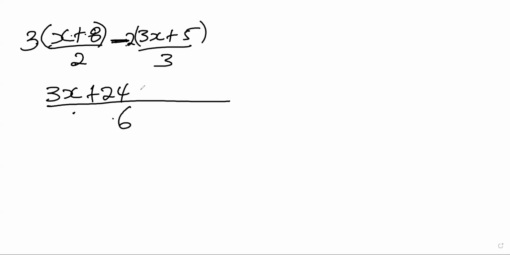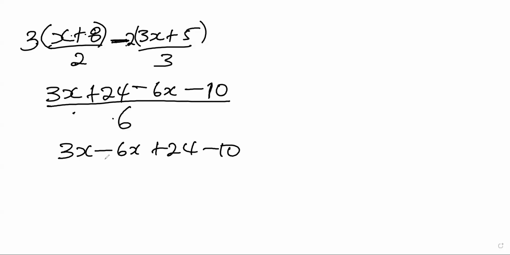Negative 2 times 3, minus 6x. Negative 2 times 5, minus 10. So we're going to group them. So it's 3x minus 6x plus 24 minus 10, all over 6.